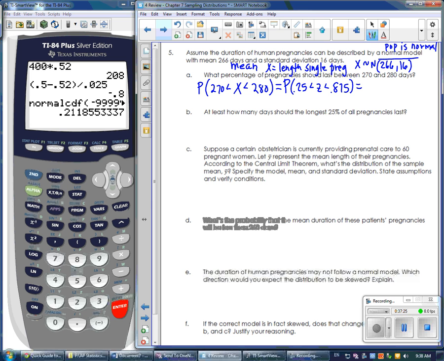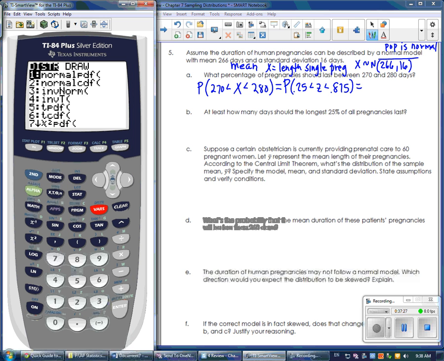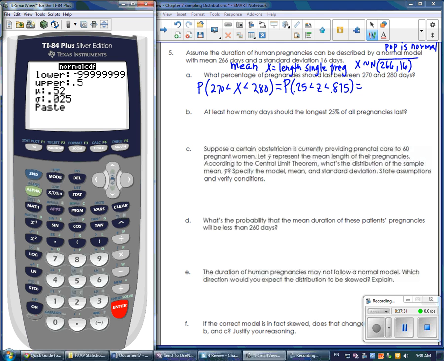I will go ahead and do this calculation since it's a little bit different than the last one. I'm using a normal CDF, but this time my lower bound and my upper bound are defined. I'll go ahead and use my z-scores this time. So my lower z-score is 0.25, and my upper z-score is 0.875. And since I'm using my z-scores, I'm going to use a mean of 0 and a standard deviation of 1.